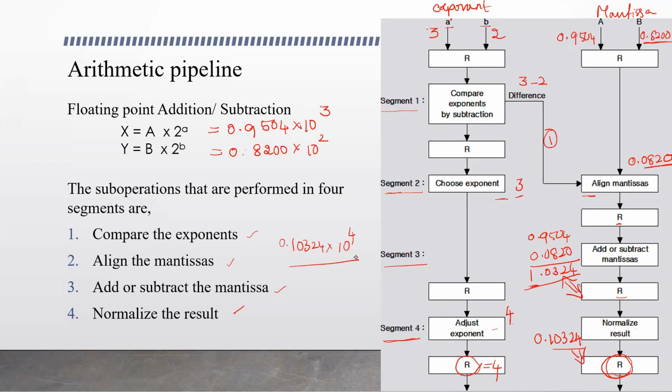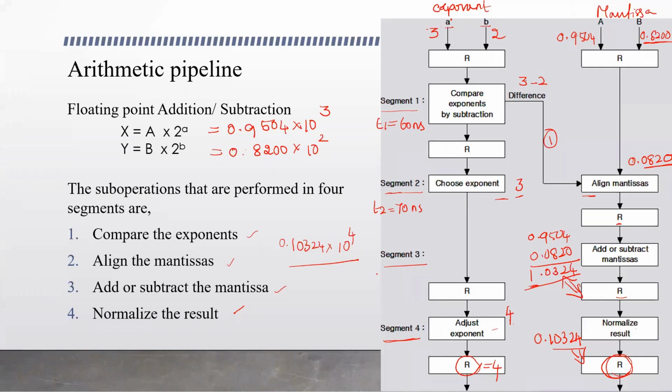If we compare the time taken by the system that has this pipeline unit with the non-pipeline system, let's say the time taken by segment 1 is T1. We refer to it as T1. It is 60 nanoseconds. The time taken by segment 2 is T2, that is 70 nanoseconds.